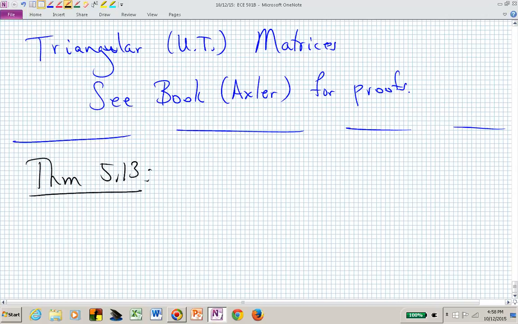Theorem 5.13. Suppose we're given V, and again we are assuming that that's a complex vector space.